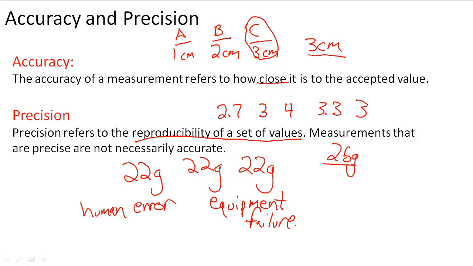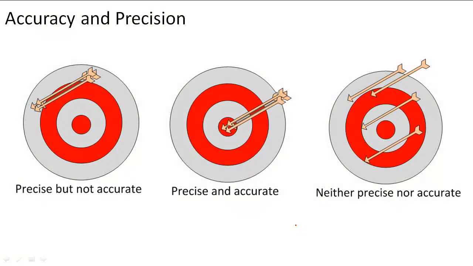So another way to look at this is through darts. Here we have 3 pictures. If I'm shooting an arrow at this dart or target, we see that first this person is very precise. So he or she is getting all the arrows in this really tight spot.